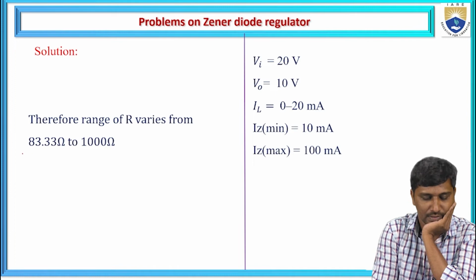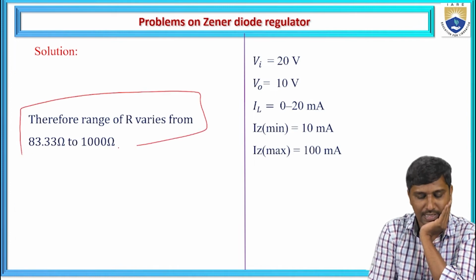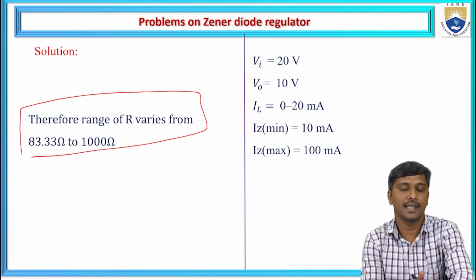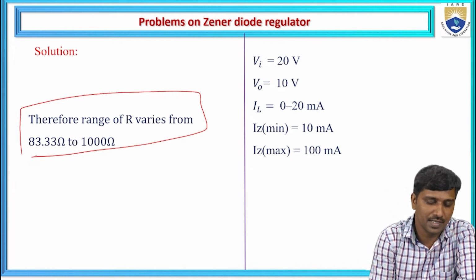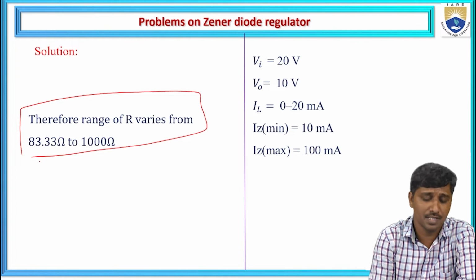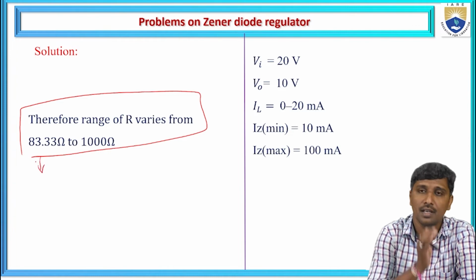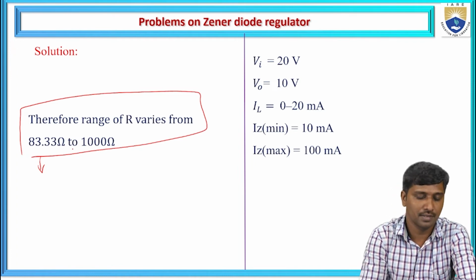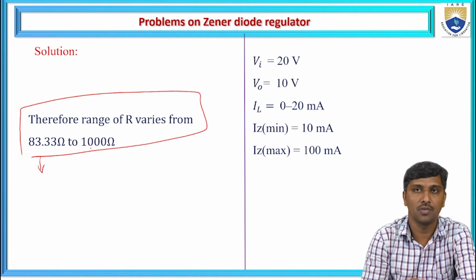So that is the reason. While choosing the resistance for this Zener shunt regulator, the R value lies from the minimum resistance to the maximum resistance. The minimum resistance observed for a given specification is 83.33 ohms, and the maximum is 1000 ohms.